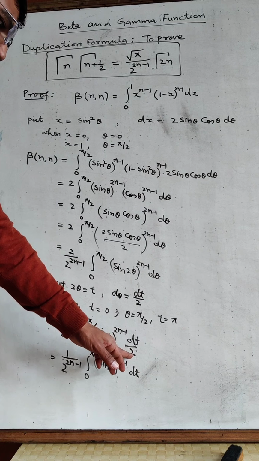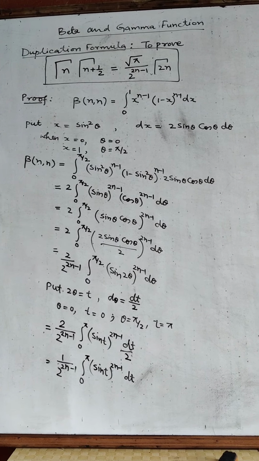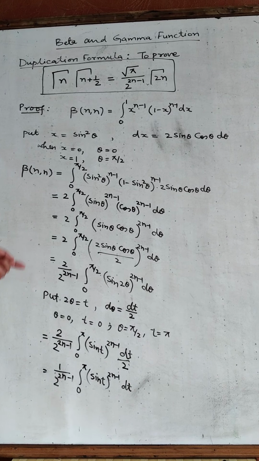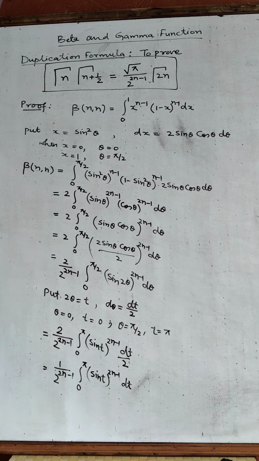We have taken this 2 outside and it will cancel out with the 2 in the numerator. So we have shown that beta of n, n would be equal to this integral.